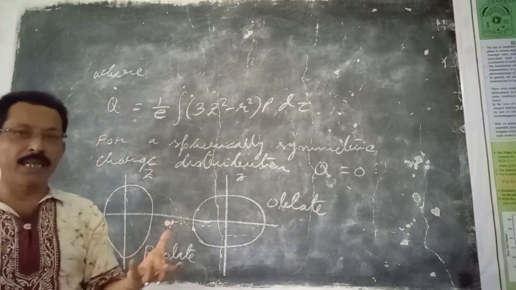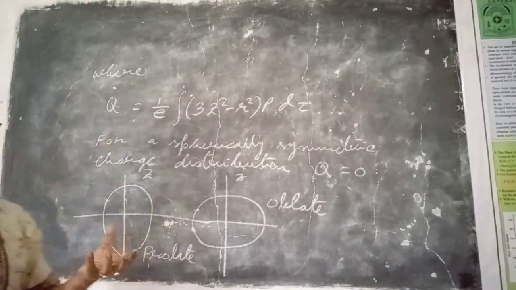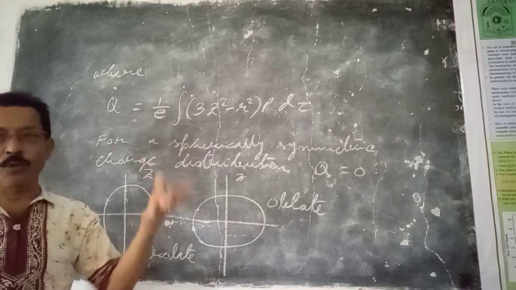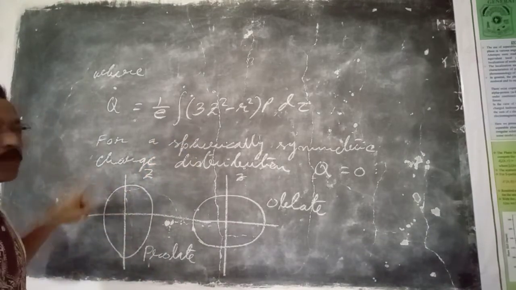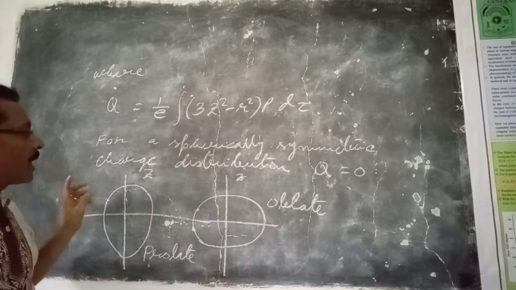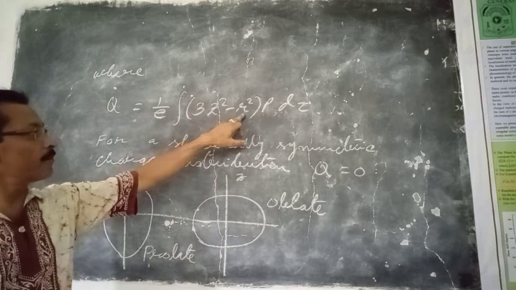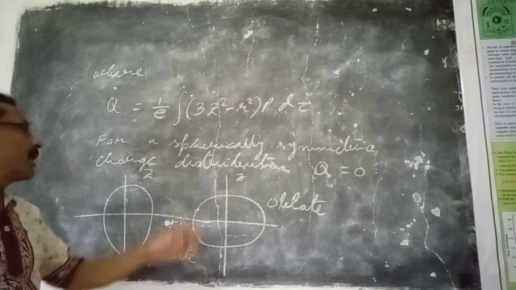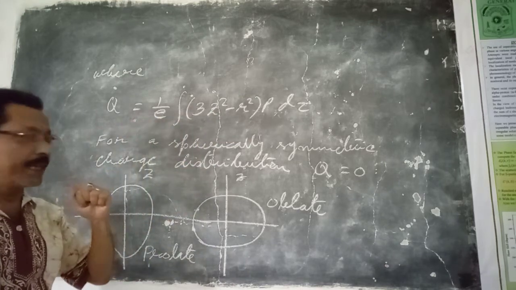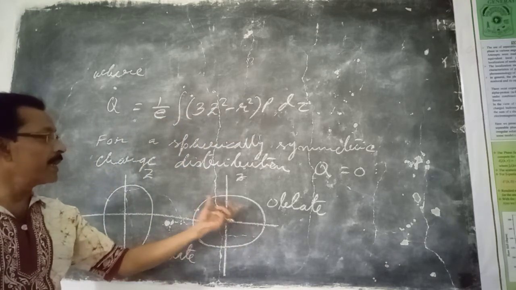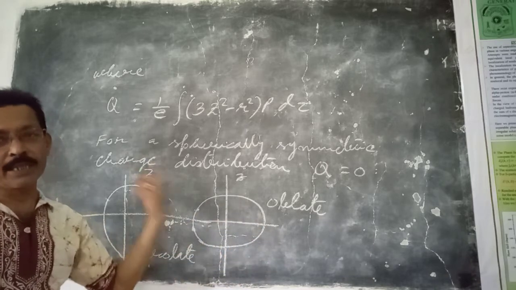That means for a nucleus, if your calculated quadrupole moment comes out positive, then you can say it is a prolate type of distribution. And if it is oblate, then in that case 3z square will be less than r square, and in that case the Q will be negative. So for a negative quadrupole moment, it is an oblate distribution.